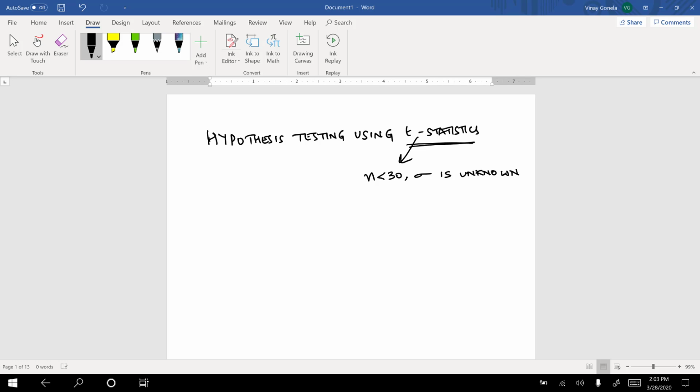So we will try to solve a problem using t-statistic, and in this problem I will be mostly doing two-tail.